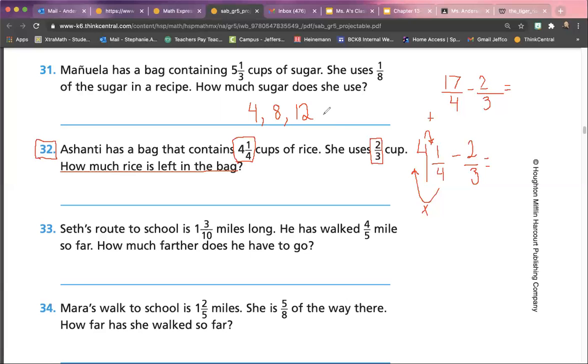She does. So we could say that 12 could be our common denominator because 4 and 3 both go into 12. So now what I have to do is multiply these numbers so that they're both in 12ths. Okay? So I would love to hear from Amelia. Amelia, can you help me turn both of these into 12ths? Would you be able to do that?